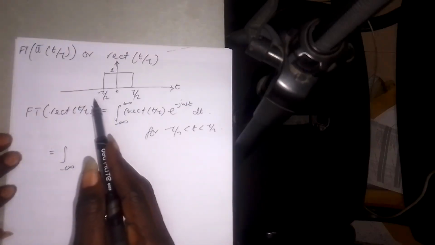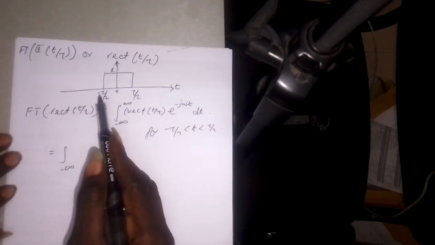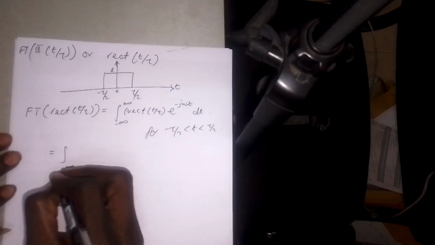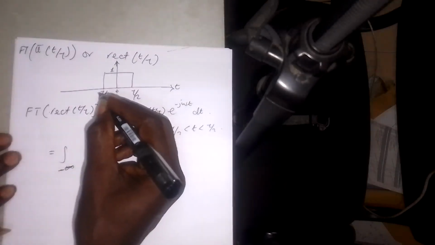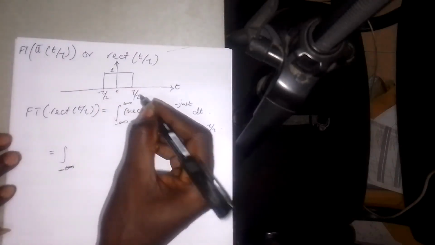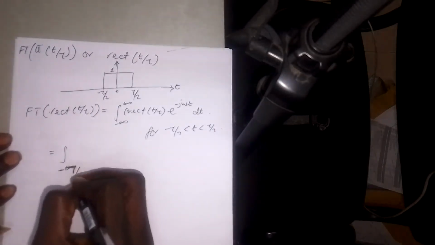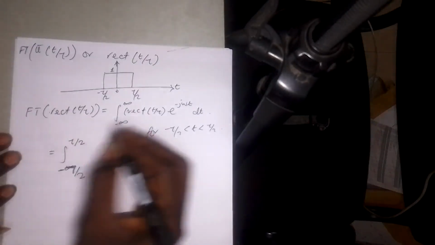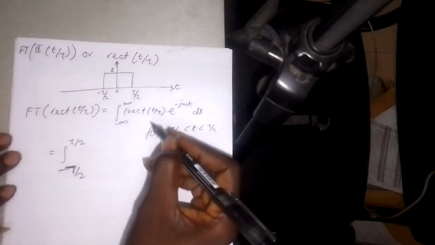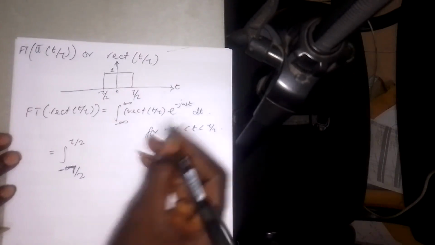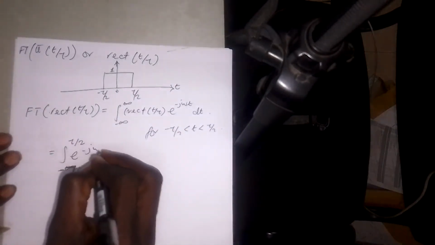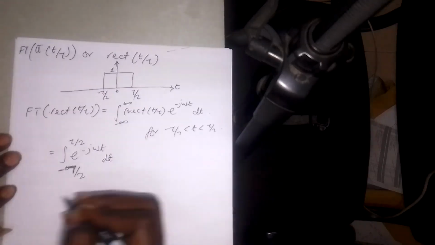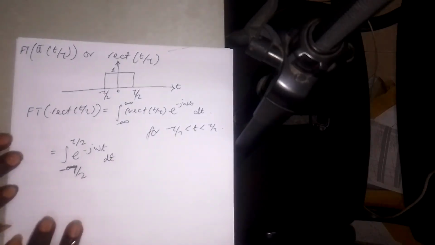The limits are minus tau on 2 and positive tau on 2. Here is 1, because it's a pulse, so I'll be left with only e to the power minus j omega t dt. This is what I'm actually going to have.